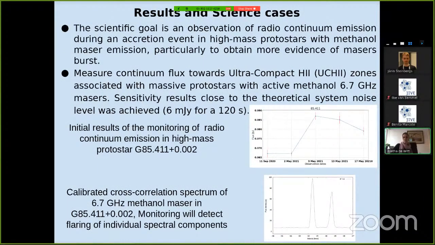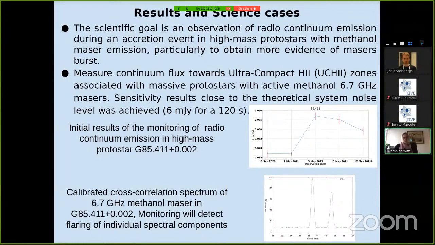So currently we are focusing on one scientific goal, that is to observe acceleration events in high mass protostars with methanol masers, particularly to obtain more evidence of maser bursts. And currently what we have achieved is a sensitivity of 6 millijanskys for 120-second integration time.